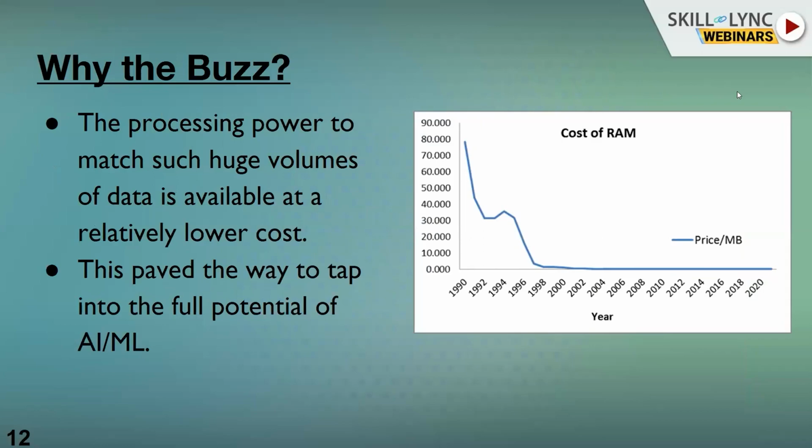So all these processing capabilities mean we have the tools to process this data and build solutions in a much more cost-effective way. These are the 2 reasons why everyone is talking about AI and ML now.